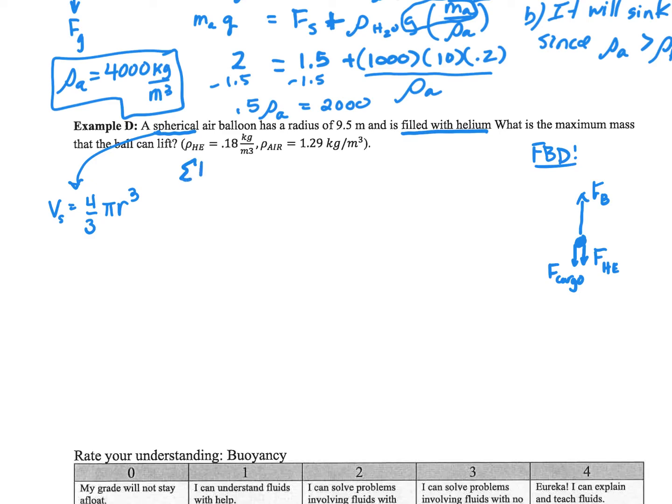So the sum of forces, notice I'm starting with the sum of forces, is going to have to be zero for it to float, right? So looking at your free body diagram, what is our statement going to be? FB minus the other two, cargo minus the force of helium, right?